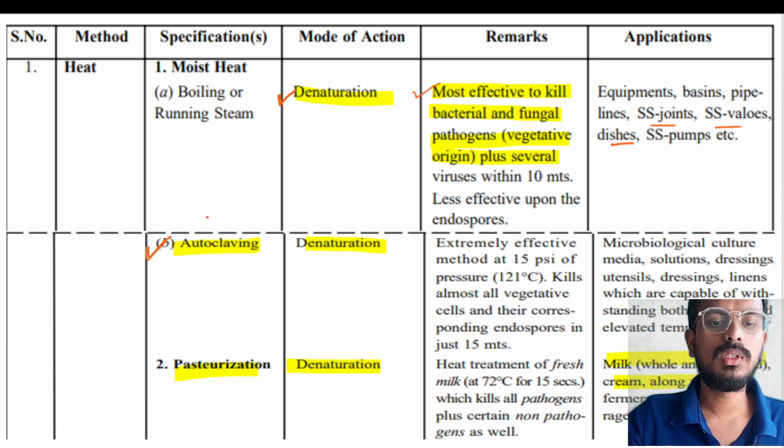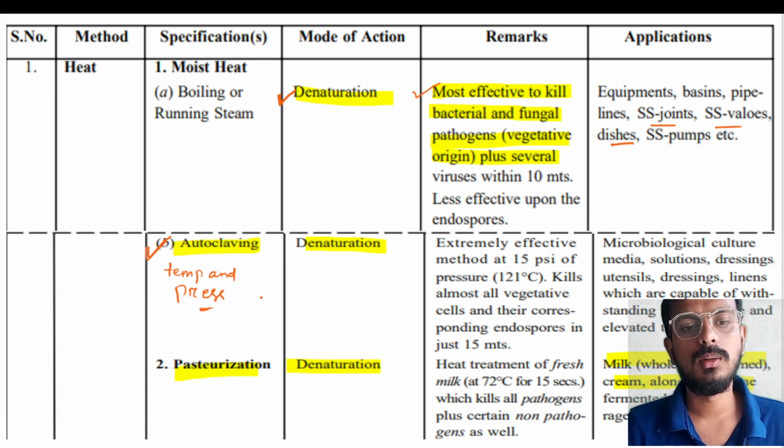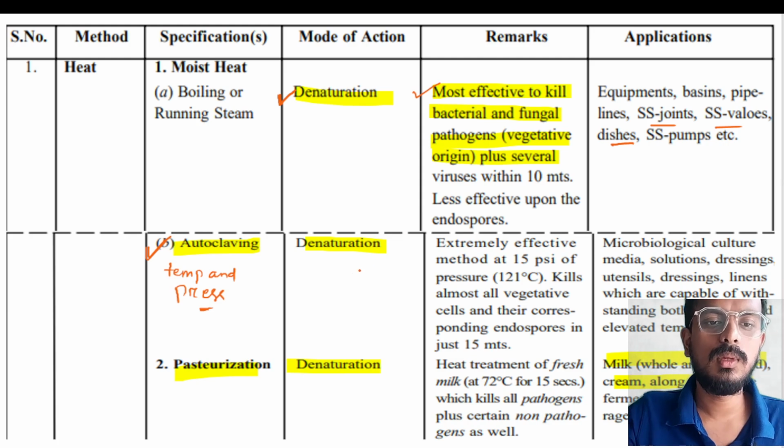This is one of the most important processes where both temperature and pressure work simultaneously on the microorganism, and the major mechanism of action is denaturation. It is an extremely effective method: at 15 psi pressure and around 121 degrees temperature, it kills almost all vegetative cells and their corresponding endospores in just 15 minutes.